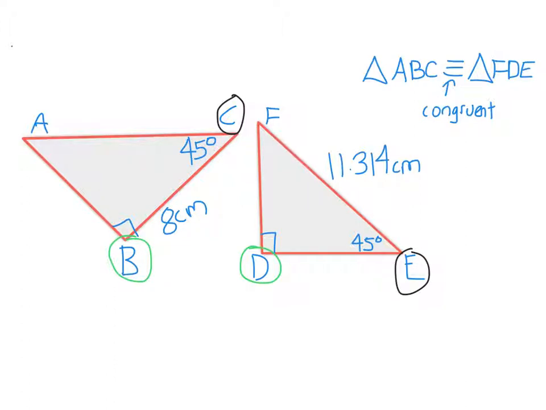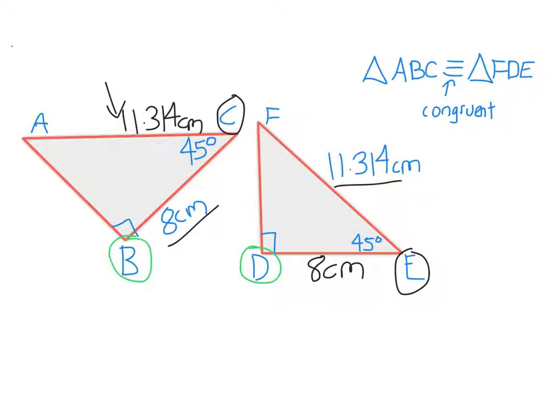So if they are congruent, that means they have all the same sides and all the same angles. So if this side here is 8 centimeters, then this side here will be 8 centimeters. If this side here is 11.314 centimeters, its corresponding side, so F corresponds to A and E corresponds to C, so FE corresponds to AC, which is this side here, would also be 11.314 centimeters, okay?